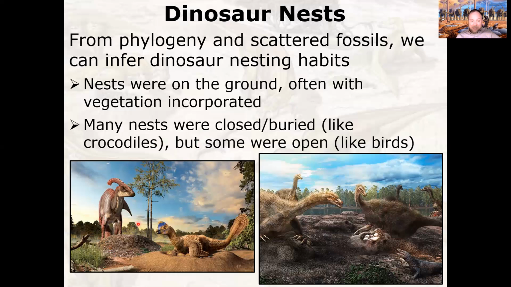And so they developed a strategy where they don't brood with their body. They insulate it in vegetation and ground cover. And again, these aren't hard and fast rules, but in general, the larger dinosaur species had these closed nests, and the later, more bird-like dinosaurs had the open nests.